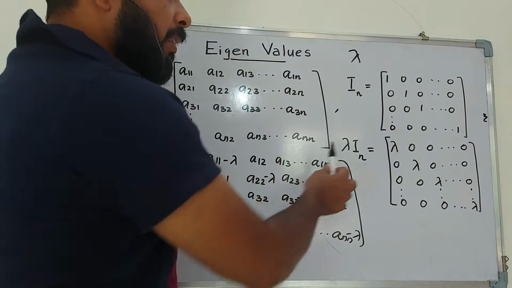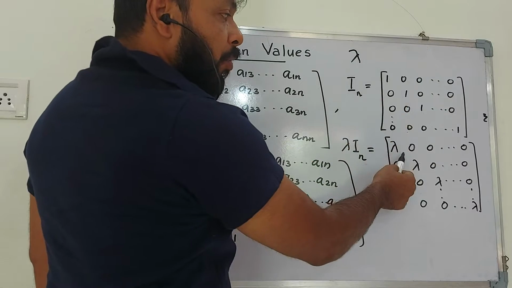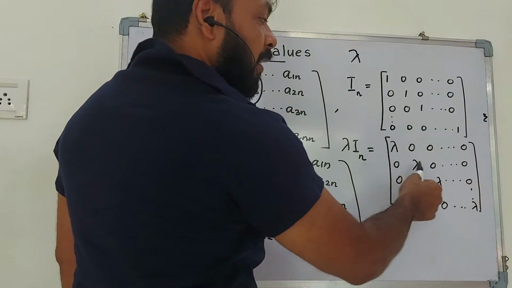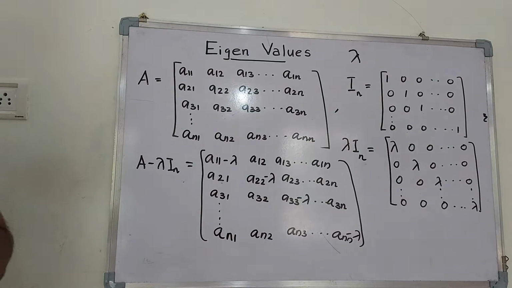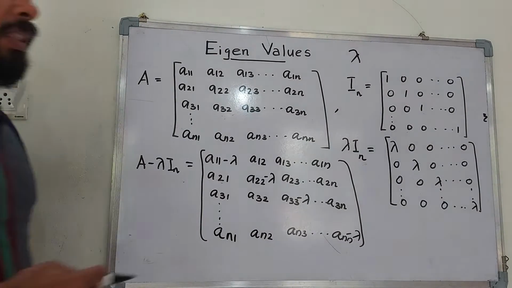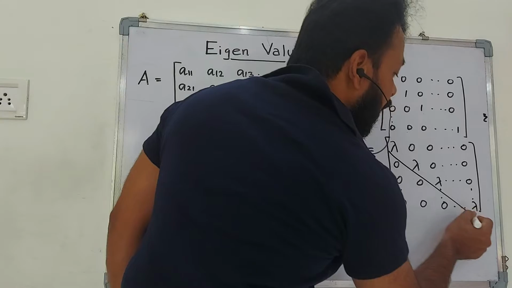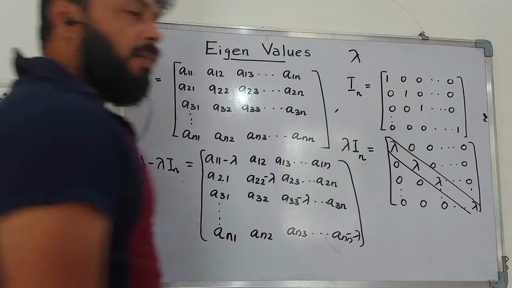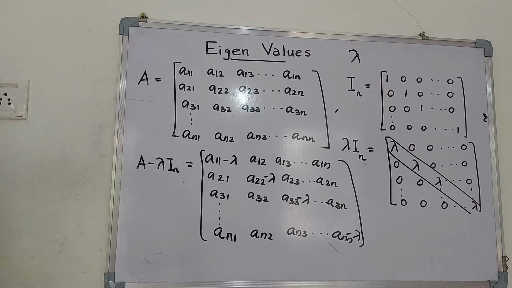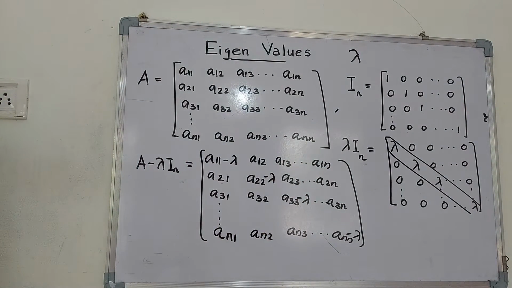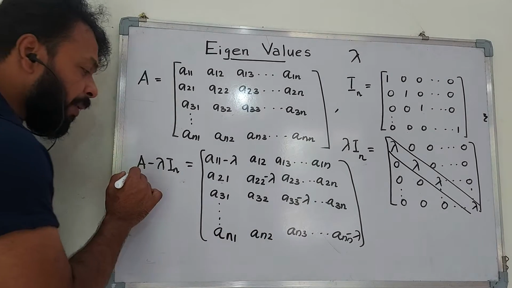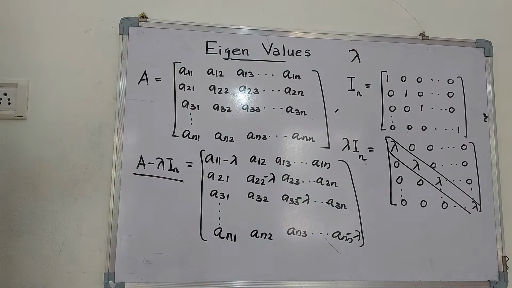We get the matrix lambda In as lambda, 0, 0, etc., 0, lambda, 0, etc. Lambda In is again a square matrix of order n, whose main diagonal elements are all lambda and all other elements are 0.